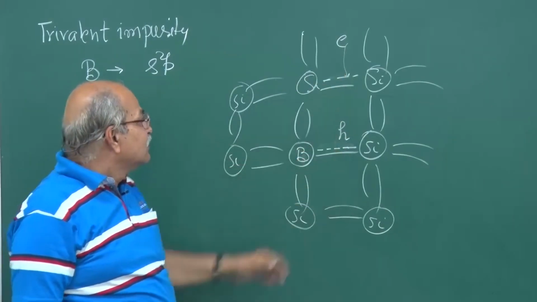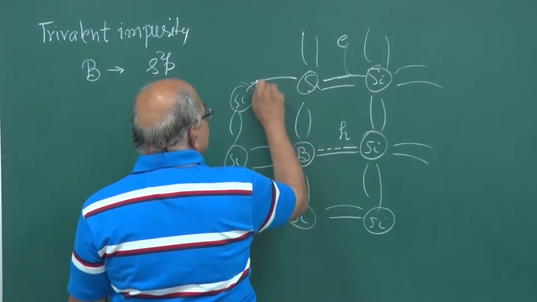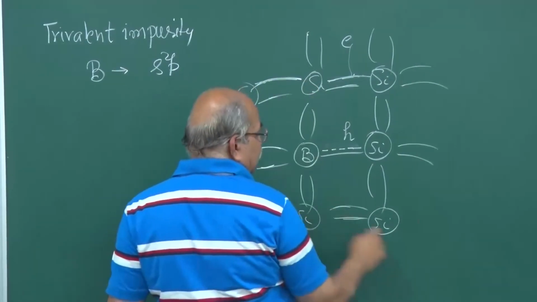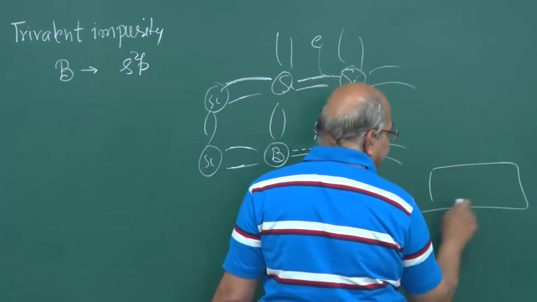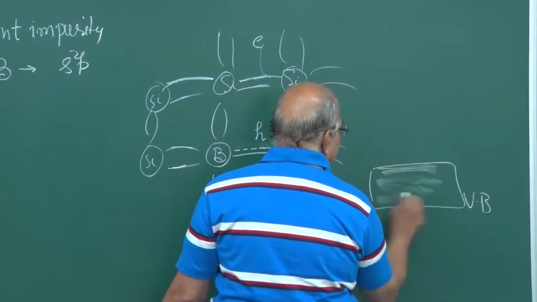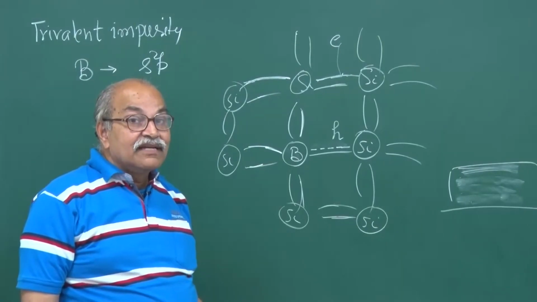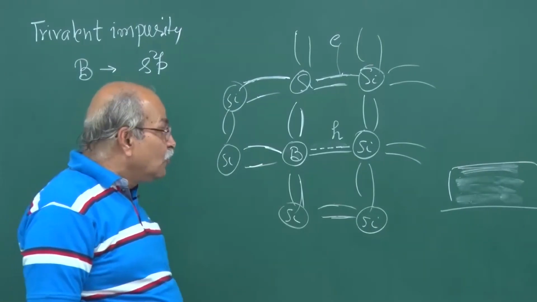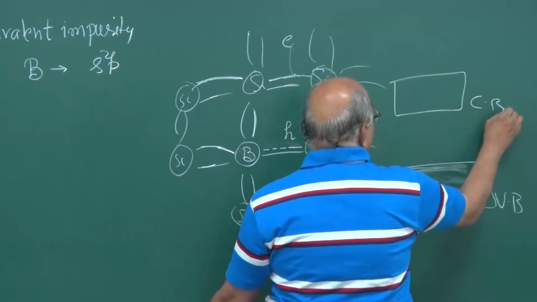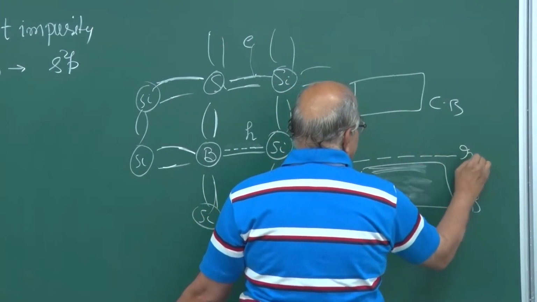These two are different, while these are all the same. You have a bond here. So if an electron is here, what is its energy? That constitutes the valence band. So new impurity level energies are created, and those energy levels are created close to the valence band, somewhere here. So this is the impurity level.